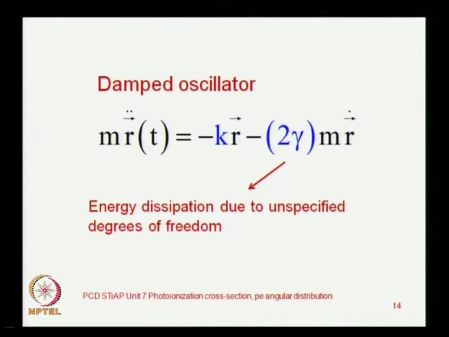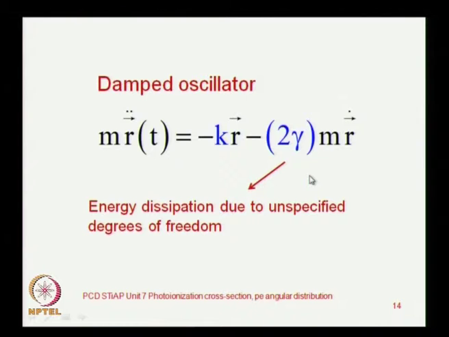The energy loss actually comes only because when you set up your equation of motion, you may not have taken into account all the degrees of freedom. So, there will be some unspecified degrees of freedom due to which there is damping, and that will give you a force which is proportional to the velocity, and then there is a damping coefficient which is twice omega.